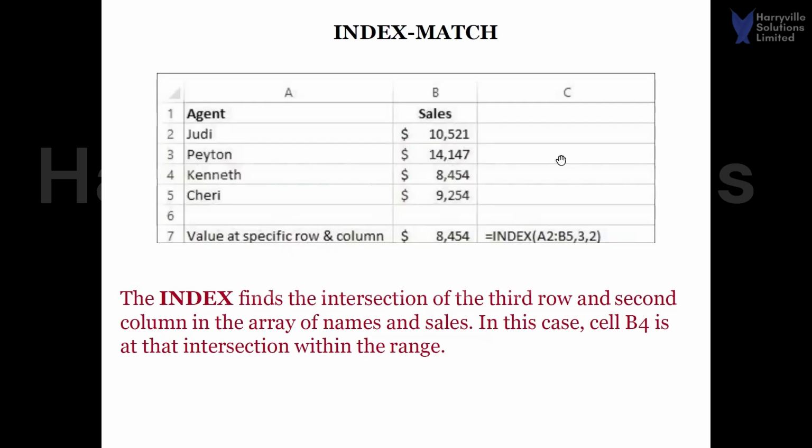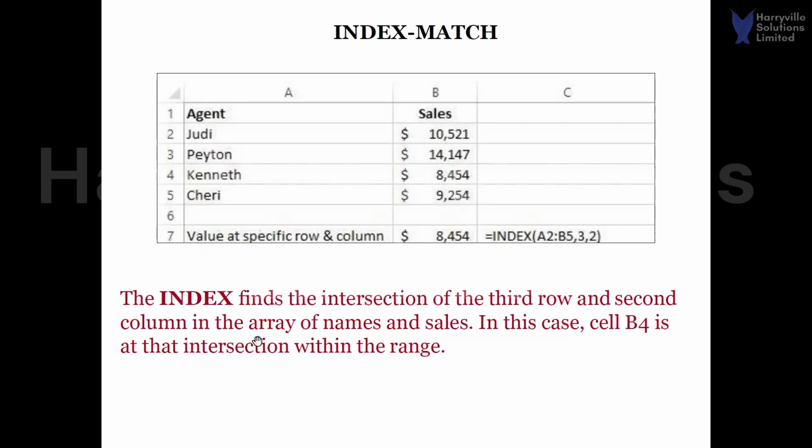For instance, let's say we are looking for the sales of Kenneth, and we are making use of index. You know the position of Kenneth. You know the column number to be column B, that is column 2, and it is on row 3.